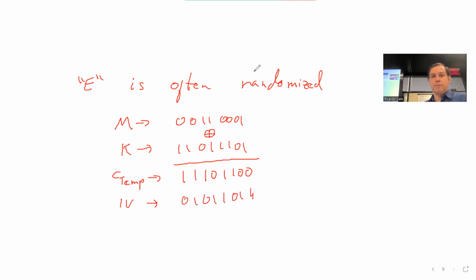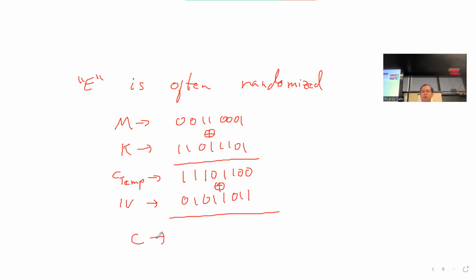Do you see that, guys? That's what that means. When you XOR these two, then you get the cipher, so you've got a little bit more randomized data. Any questions? Does this make sense?